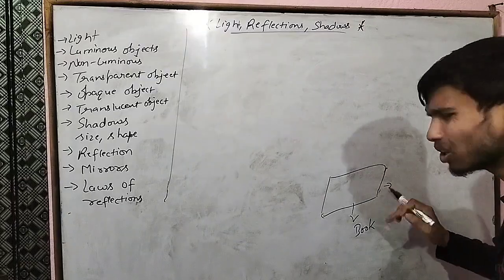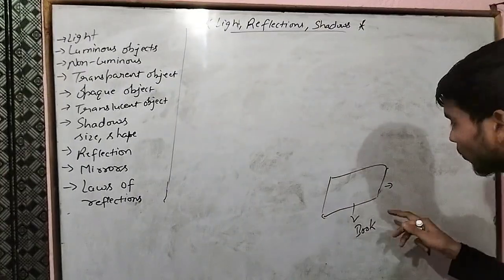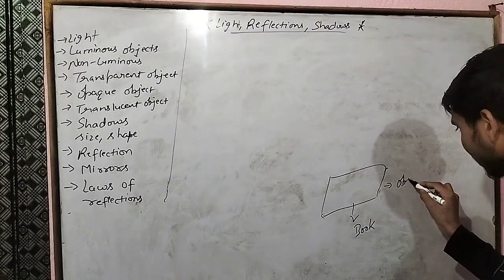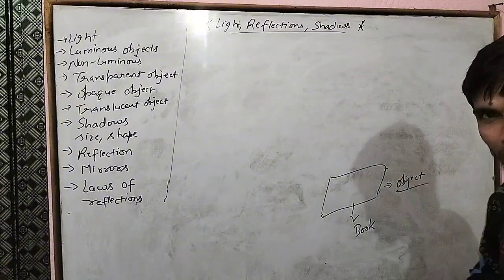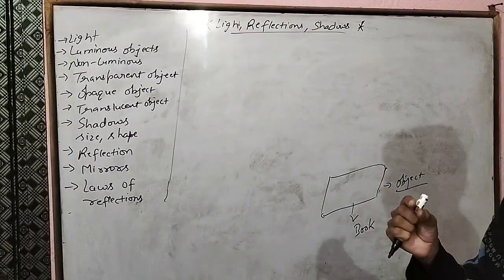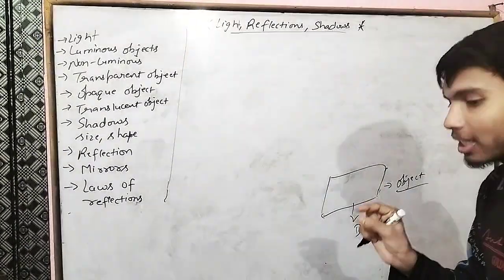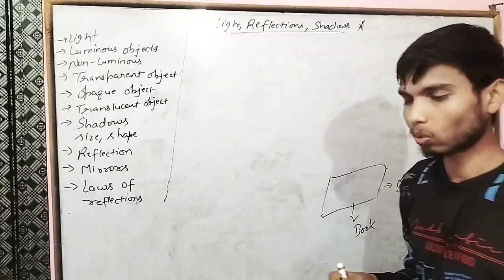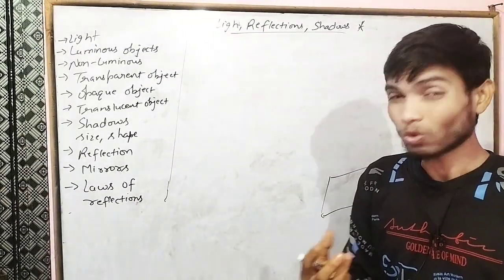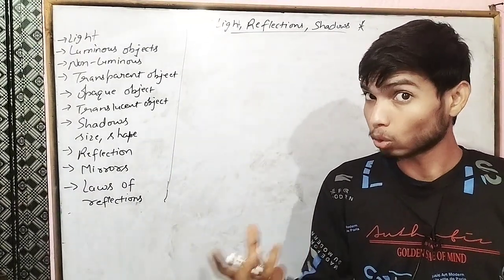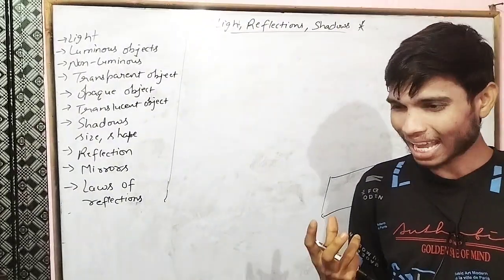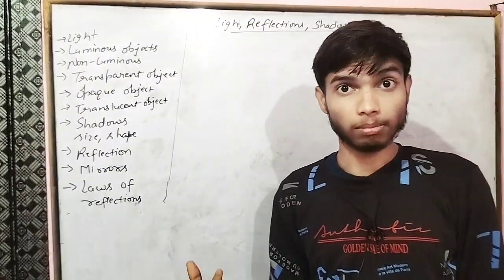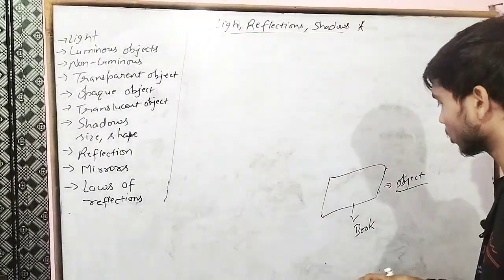So in a noun word, we say it what? Object. We say object. So what would be the definition of object? We can touch those materials. We can see those materials, those things.